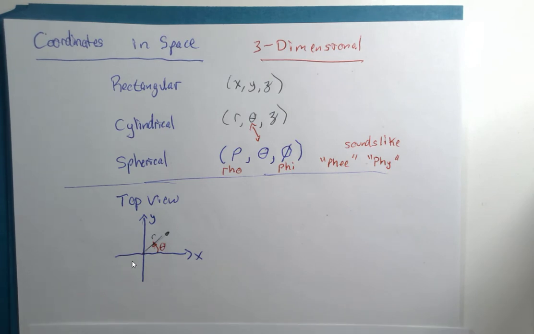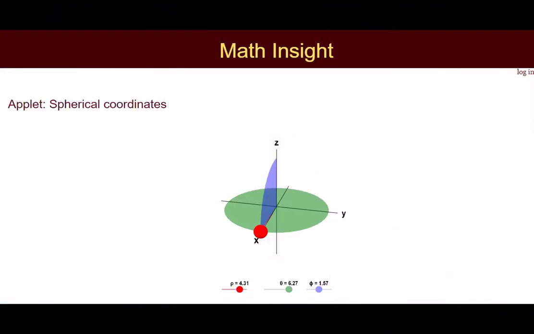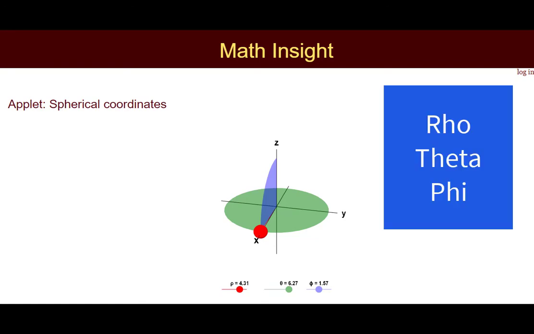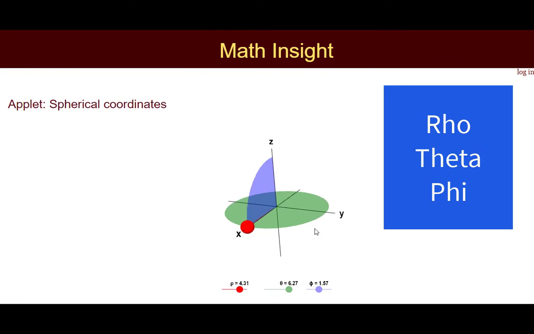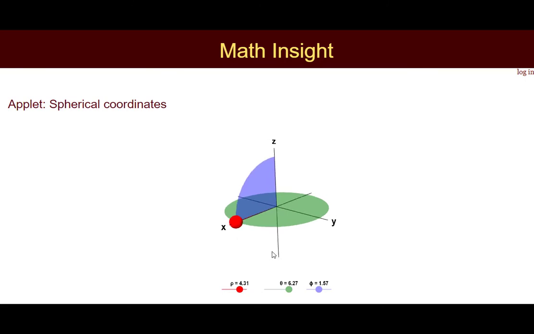So we're going to switch modes of instruction here for just a moment, and let's use a visual aid to better determine how rho and theta and phi locate a particular point in space or 3 dimensions. So I've got here a little applet from the website Math Insight, and thank you much for their offering up their applet to others to use. They have many other tools. Let's do this little rotation here.